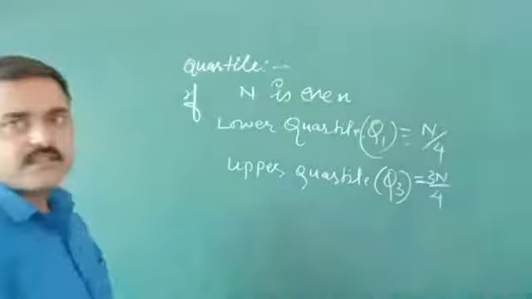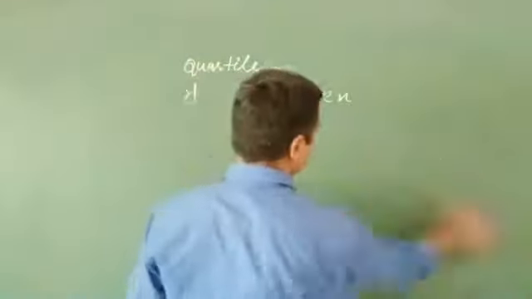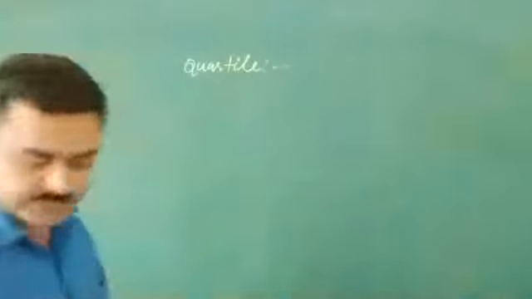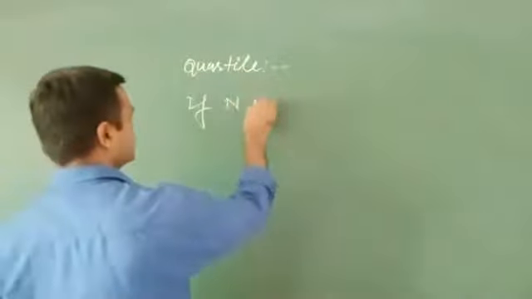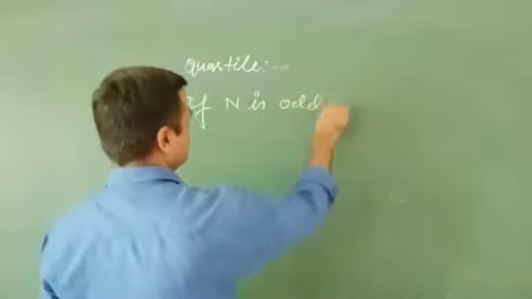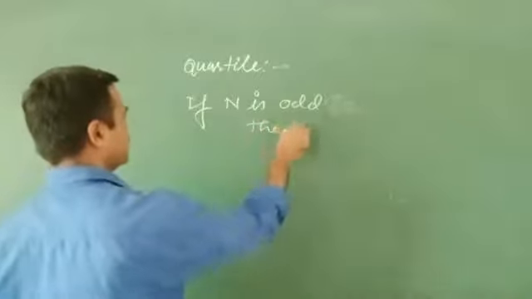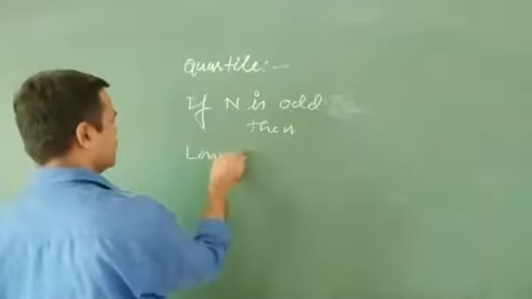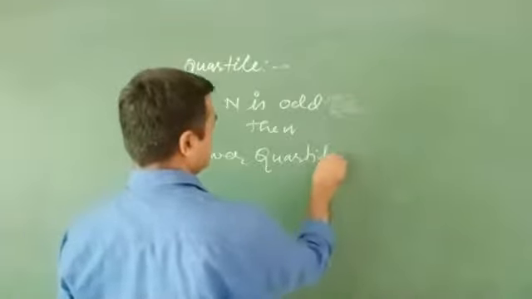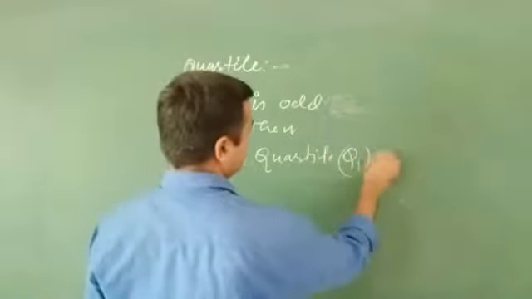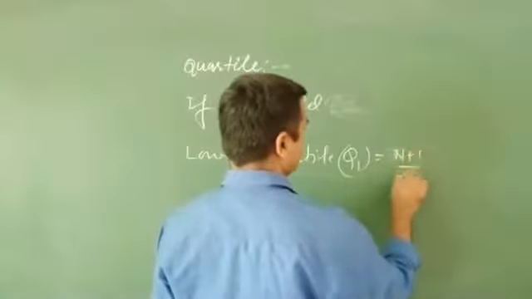If n is odd in number, see what is quartile if n is odd in number. If n is odd in number, then lower quartile Q1 equal n plus 1 divided by 4.